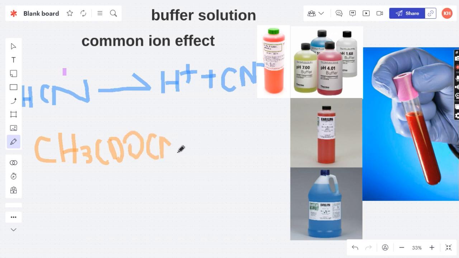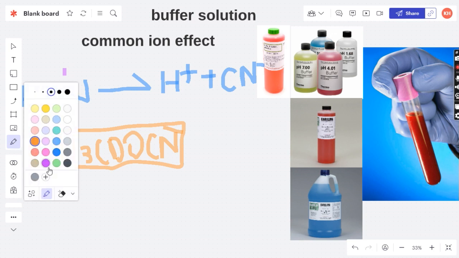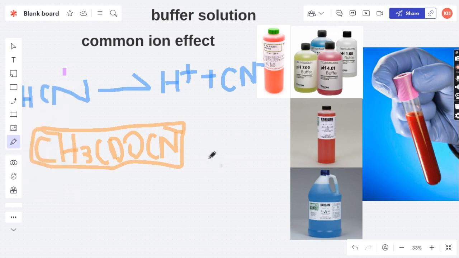This is a salt of weak acid and strong base, which is one of the criteria of buffer solution. We were discussing what is buffer solution. So this is basically a salt of weak acid and a strong base. It breaks down into CH3COO minus plus CN minus.